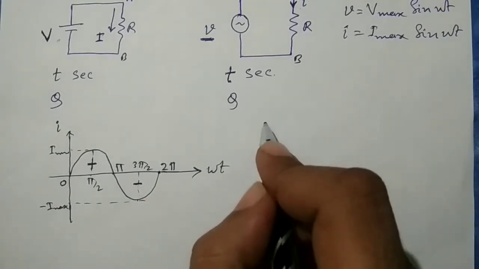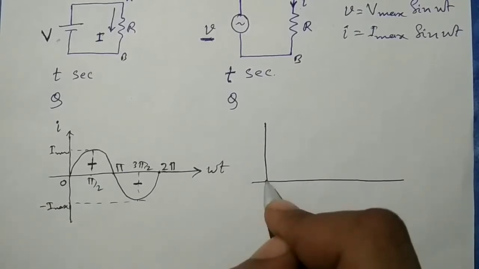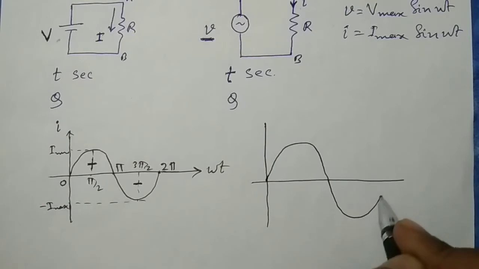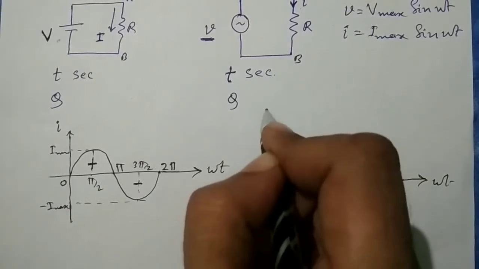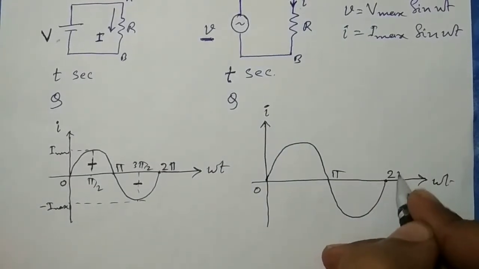In that case, we consider only the positive half cycle. So again I draw the symmetrical waveform of the current. It is 0, pi and 2 pi.